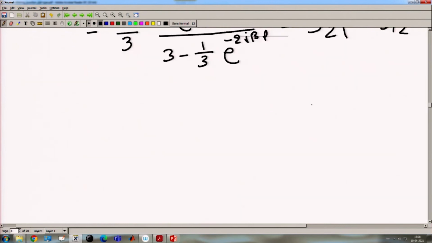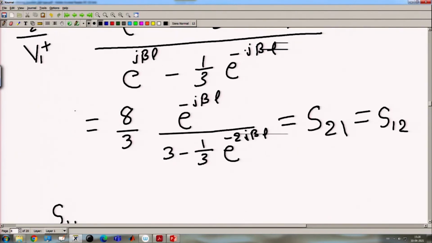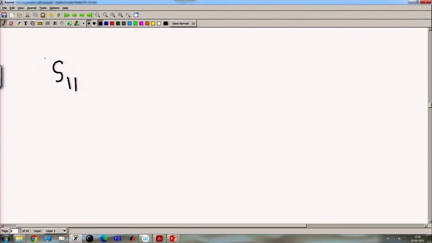In the next part, for this part we also have to satisfy S11 whole square plus S21 whole square.